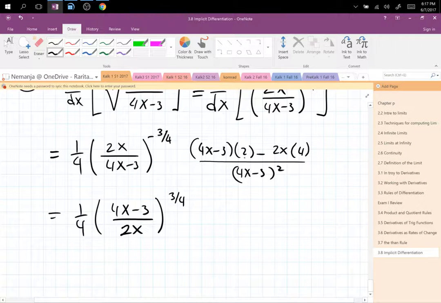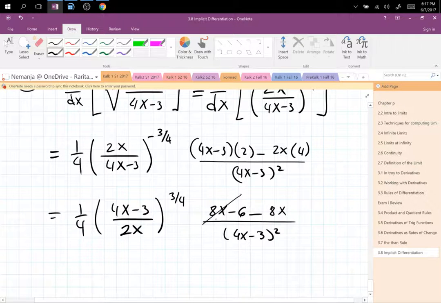That's the algebra rule. And then you have 8x minus 6 minus 8x over 4x minus 3 squared. These guys cancel.